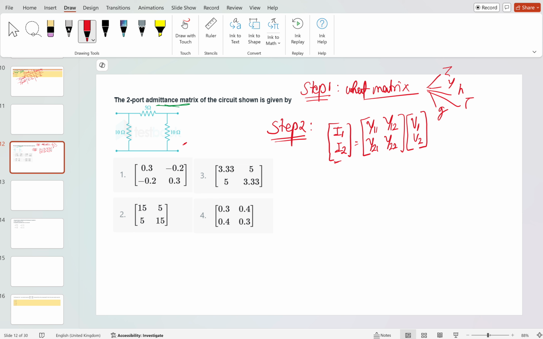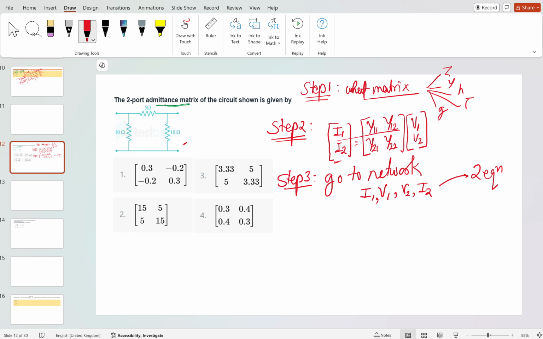Okay. Now step 3 is to go to the network which is being given and try to find the relation between I1, V1, V2 and I2. You need two equations basically.